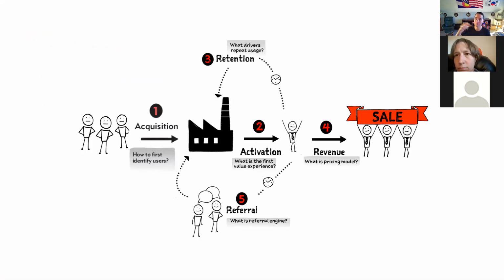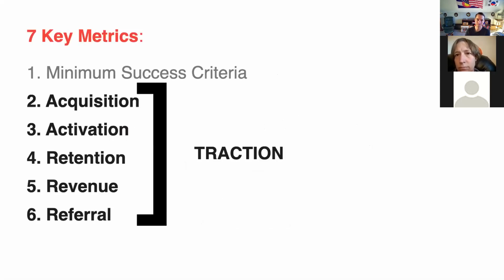Retention, how often they come back, how many of those users are coming back the next week, the next month, however you measure this. Referral, how many people join as a referral of others. And then revenue. How many people actually sign up for a paid trial? All of those things that I just mentioned, any of those could be a traction metric. And it's your choice to choose which one of these is the one that I need to focus on at any given time. So all of them, acquisition, activation, retention, revenue, referral, the pirate metrics, those are all traction metrics.